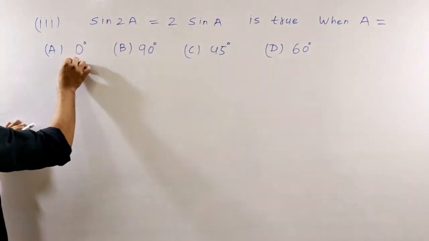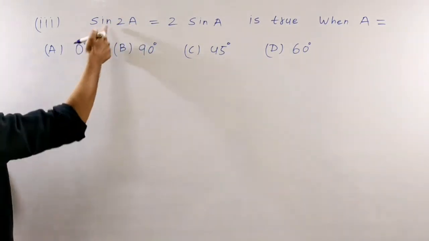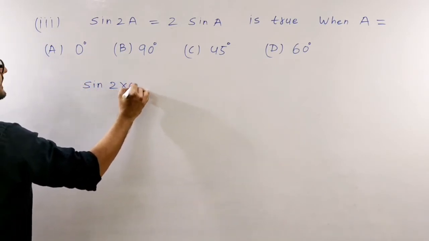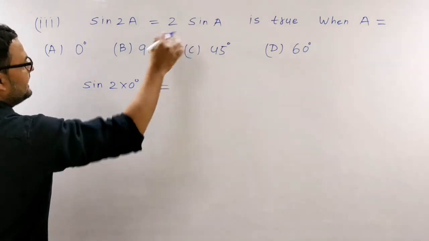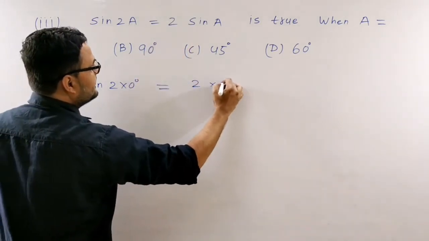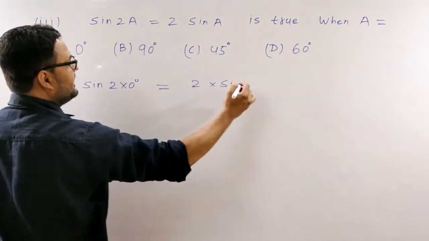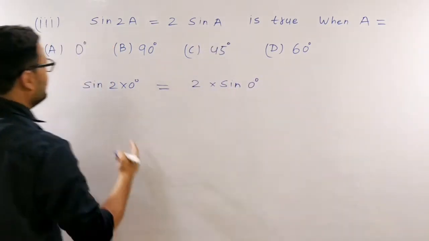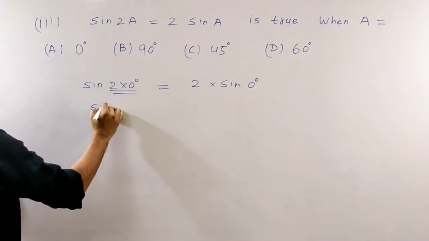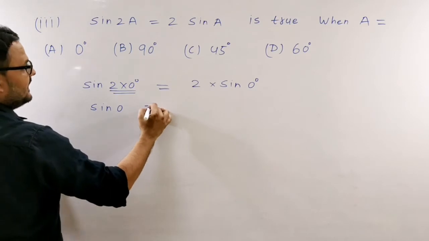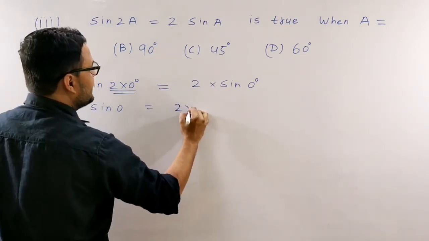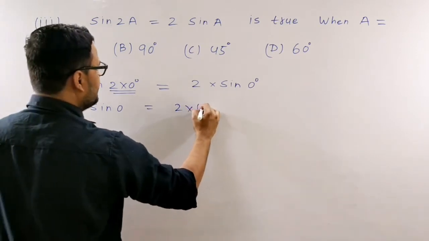First, if I take A equal to 0, the LHS will be sin 2 into 0 degree, and the RHS will be 2 into sin 0 degree.